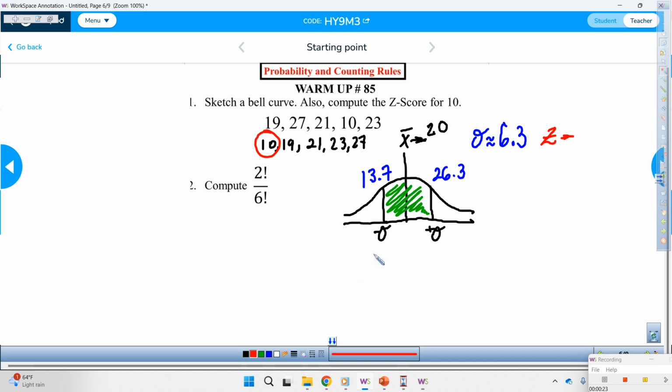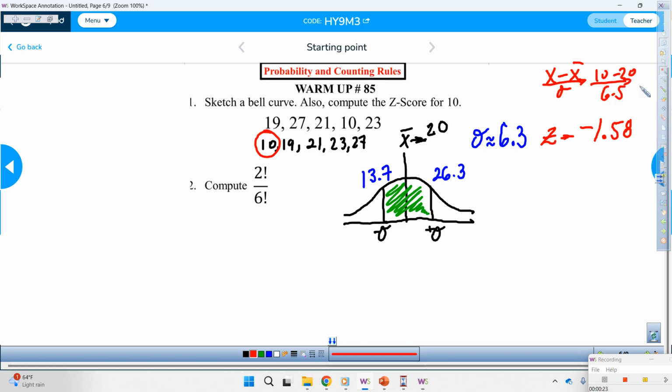All right. Mel, pass someone. Santi, what'd you get? Negative 1.58. Let's double check. The formula is x minus the mean over the standard deviation. So that is 10 minus 20, the mean, divided by 6.3.